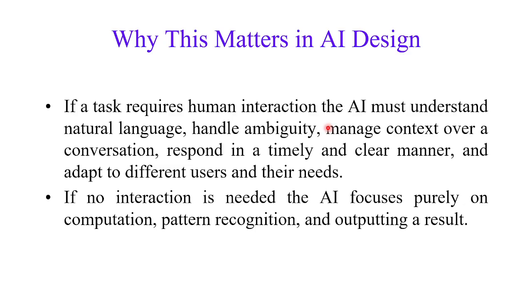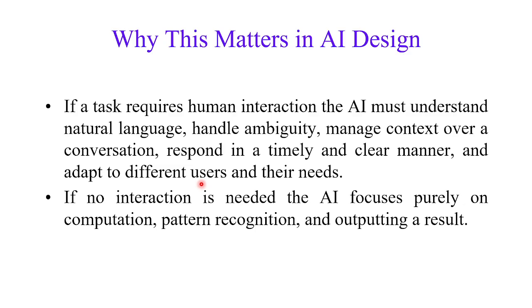It must handle ambiguity because people are often vague or unclear. It must manage context over a conversation, remembering what was said 3 messages ago, for example. It must respond in a timely and clear manner. It must adapt to different users, different needs and communication styles.